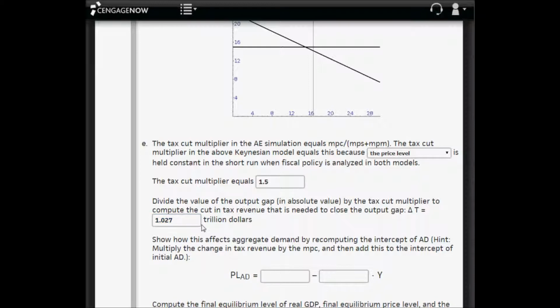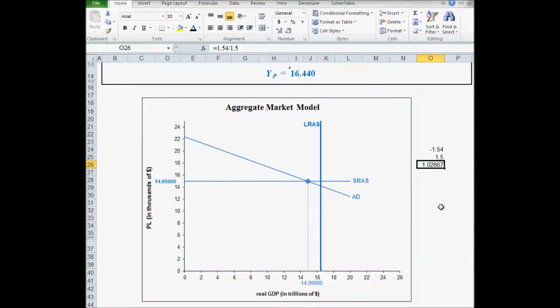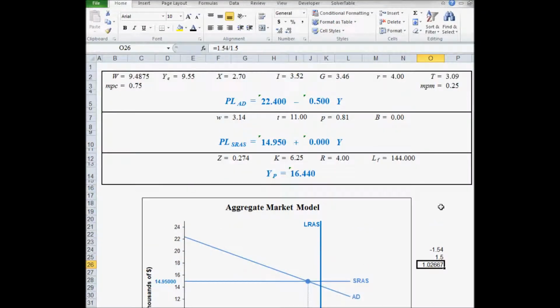So this is the value of the tax cut that is necessary to get the aggregate demand curve from here to there. To calculate the new intercept for the aggregate demand curve that results from the tax cut of 1.02667, I'm going to lower taxes by the amount we just computed.